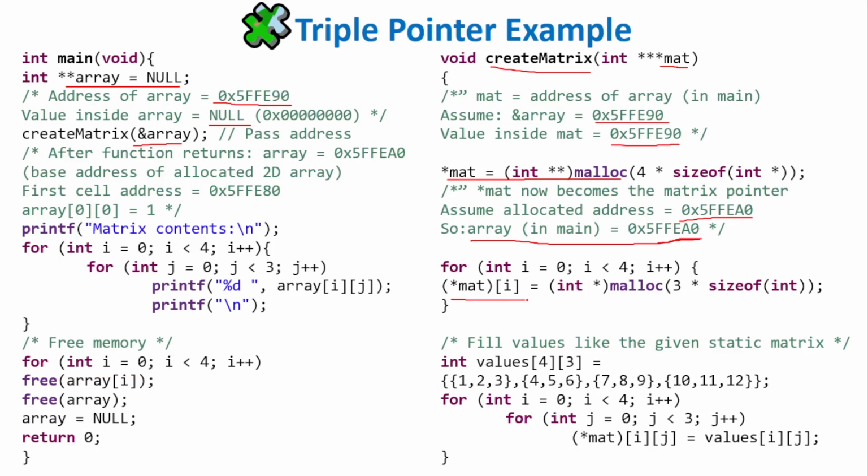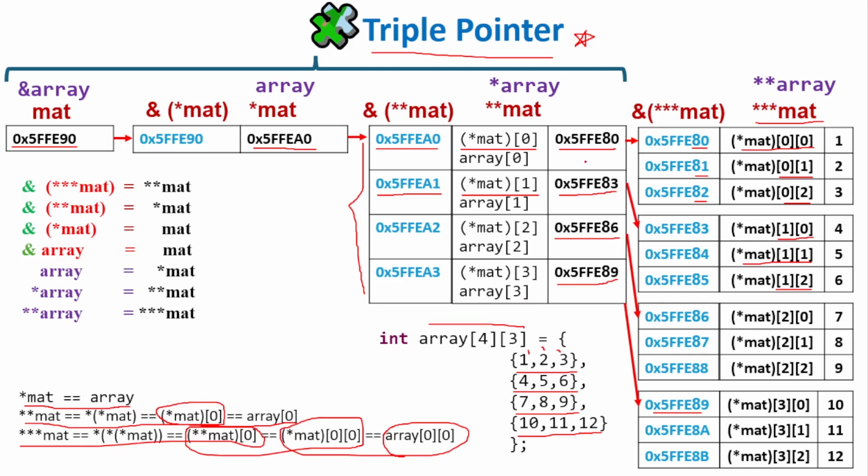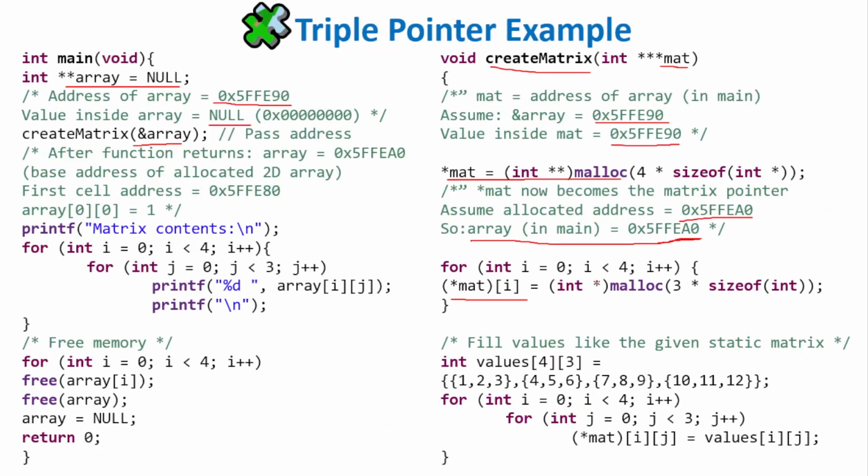For example, *mate[0] may point to 5FFEA1, *mate[1] to 5FFEA3, *mate[2] to 5FFEA6, and *mate[3] to 5FFEA9, with each of these addresses being the base address of a row containing 3 integers.